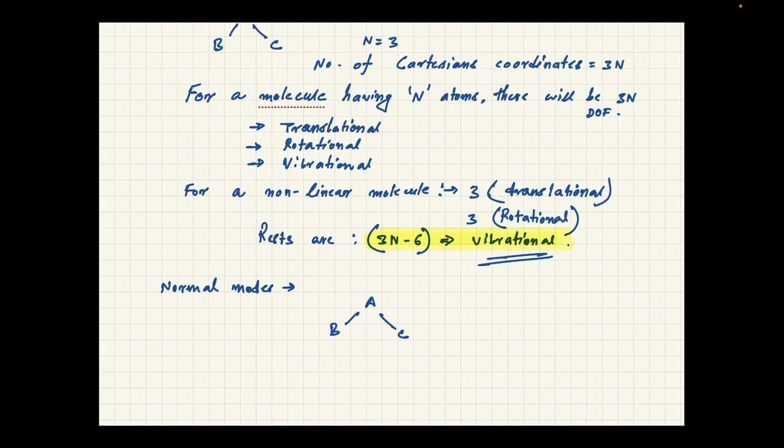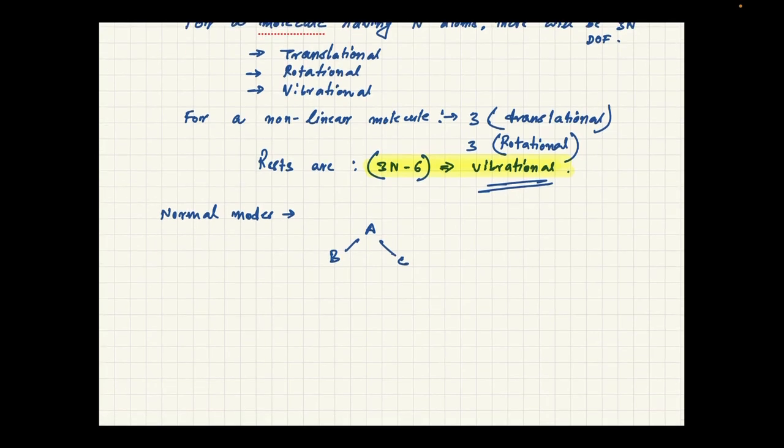So a vibrational normal mode means each atom can move independently, but the center of mass of the overall molecule will be fixed at a particular point. Those motions can be called normal modes. So these 3n minus 6 vibrational degrees of freedom can be represented as 3n minus 6 vibrational normal modes.